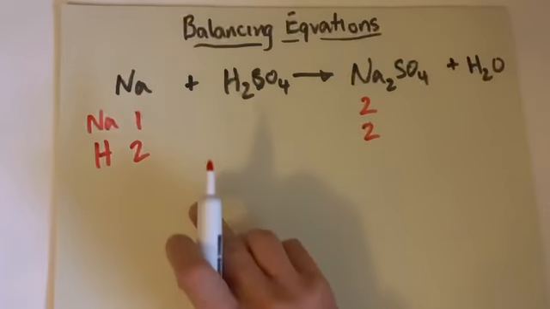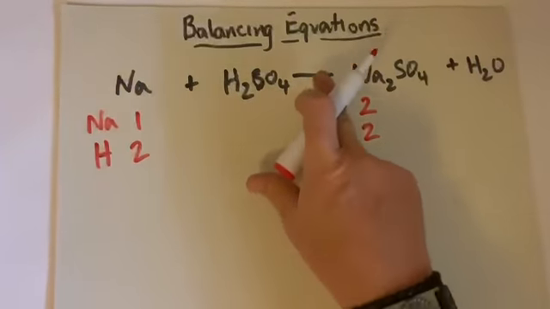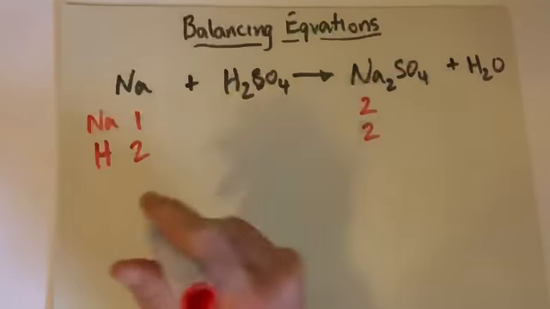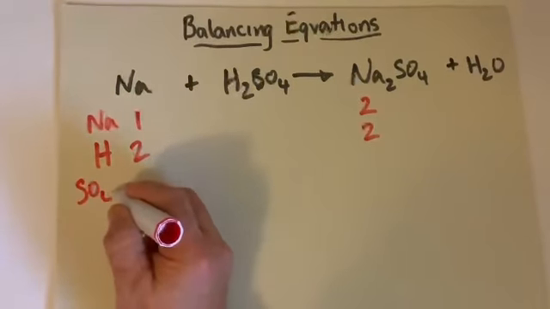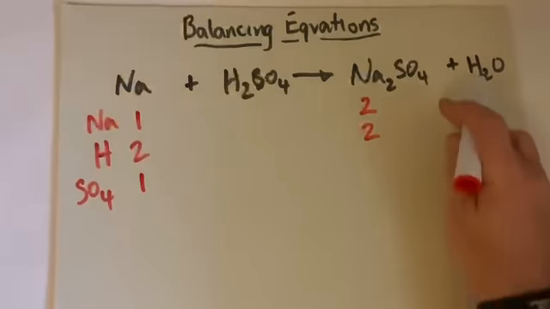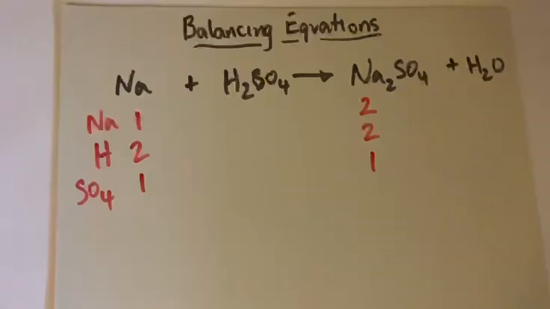Okay. SO4s. Because it's one unit and it's on both sides, we can keep that as one unit. So we have one SO4 on this side and one SO4 on this side. What we need to do is get a second sodium on this side, and the way we do that is add more sodium.